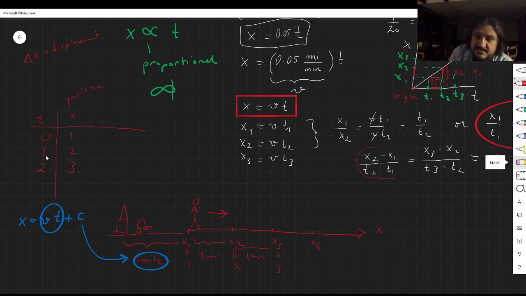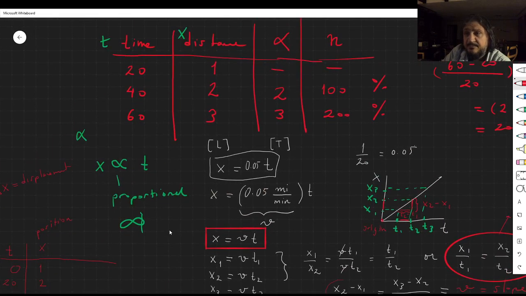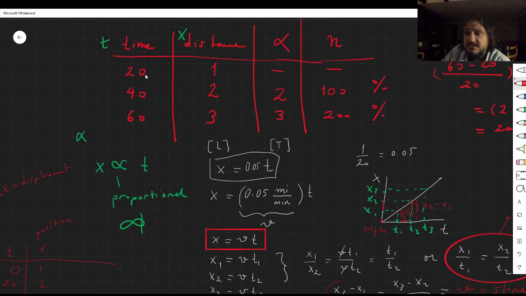So t, I'm sorry, I didn't mean 1 and 2, sorry. I meant 0, 20, and 40. Because that's what we had in the beginning, right? For 40, we said in 20 minutes you walk for a mile, and in 60 minutes you walk for 3 miles.